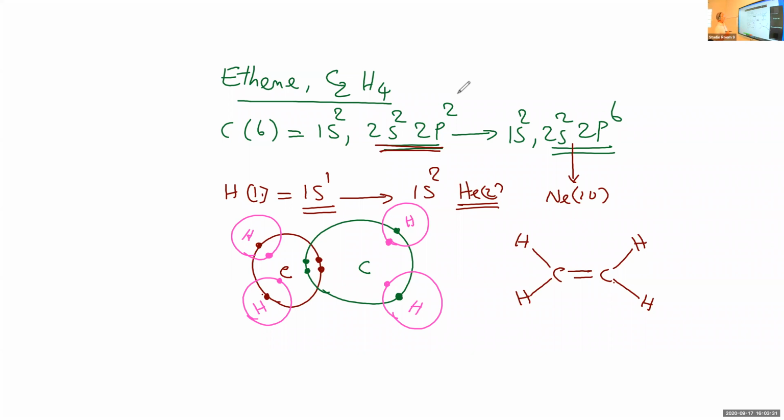So that is the electron dot representation. And these electron dot representations are shown as dashes on the right side. C double bond C. There is a double bond between the carbon atoms. So during the formation of a double bond, two pairs of electrons will be shared.